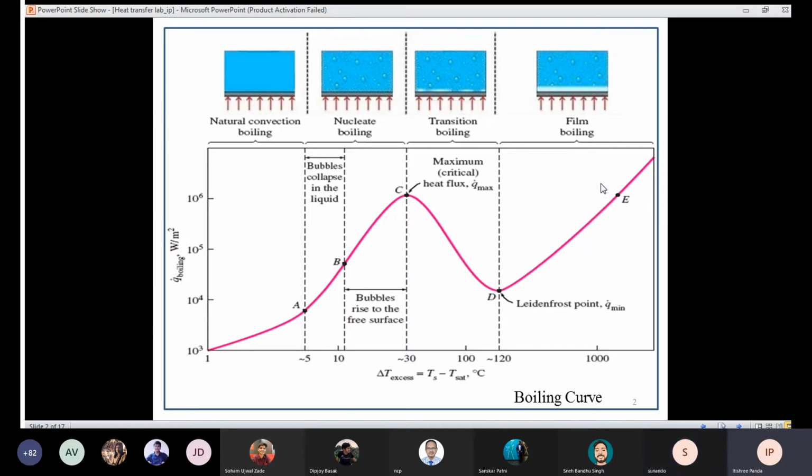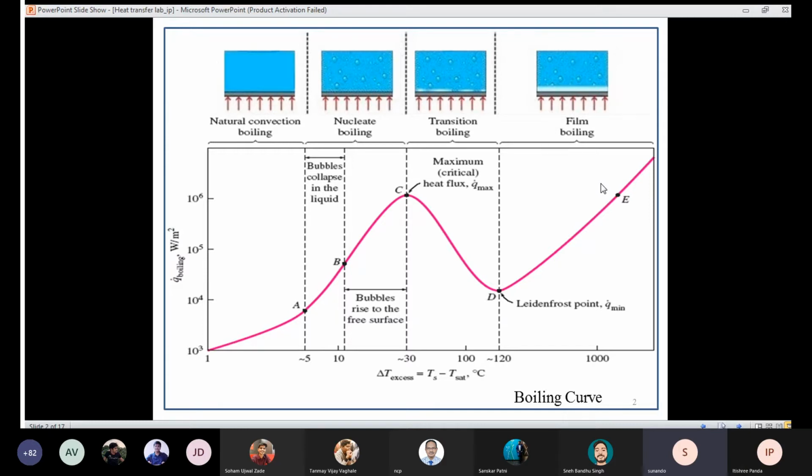Sir, if we change the material of the wire, then the difference between C and E will change, right? That is definitely a possibility. The boiling curve that you see could look different if you have a different material.